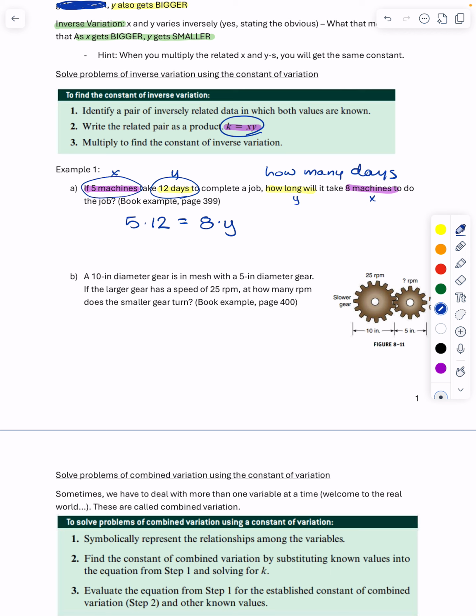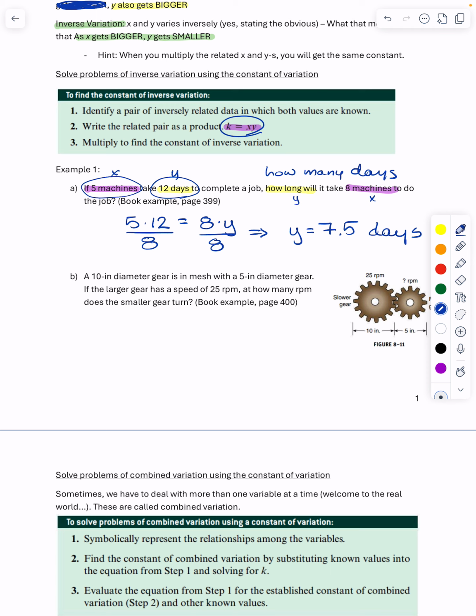No, it doesn't. We know how to solve this. This is a one-step, divide both sides by 8. And I get y equals, 5 times 12 is 60. 60 divided by 8 is 7.5 days.